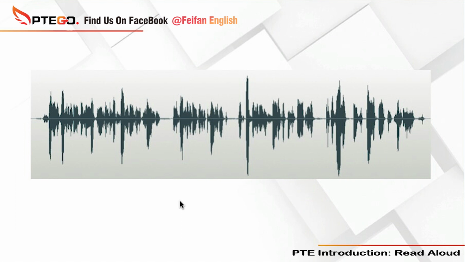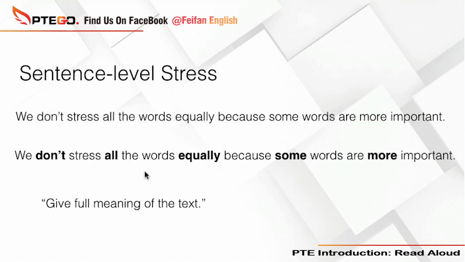Whenever a read aloud question comes in your exam, the computer will try to match your highs and lows with the correct highs and lows of English, and then depending upon how close a match it is, it will score you. So you need to see how low and high your tone sounds when you speak. Similarly, not just a word, the whole sentence has to be stressed differently at different points.